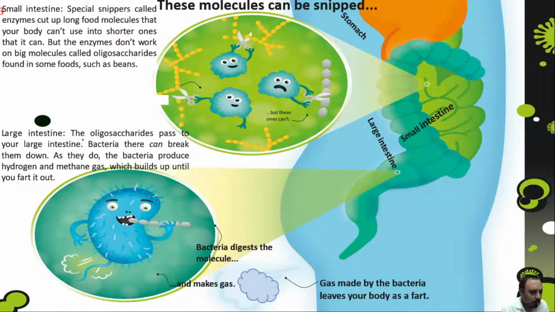In the small intestine, special scissors called enzymes cut up long molecules into shorter ones that your body can use, but the enzymes don't work on big molecules called oligosaccharides, which are found in some foods such as beans.